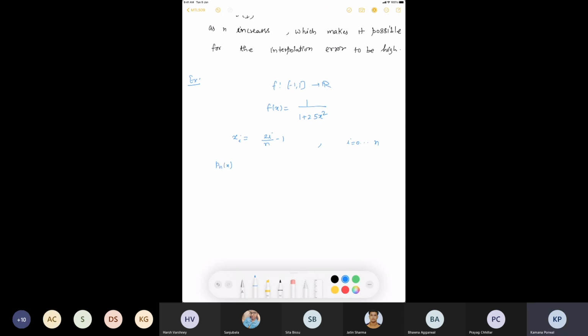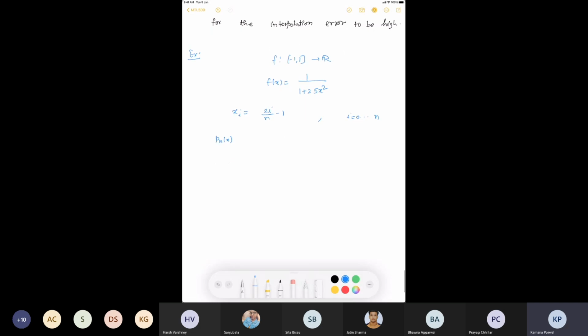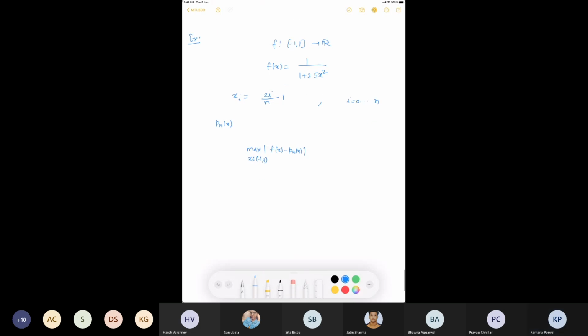As you increase the polynomial degree, that is, as you make n larger and larger, you will see that the error f(x) minus p_n(x) over the interval -1 to 1 increases as n increases.